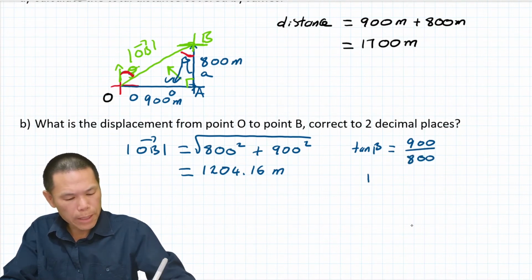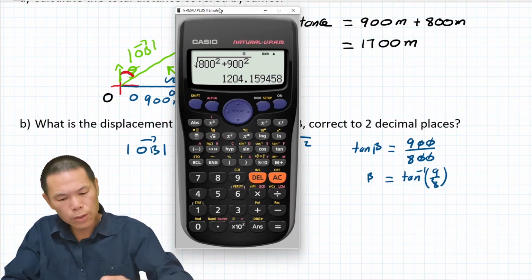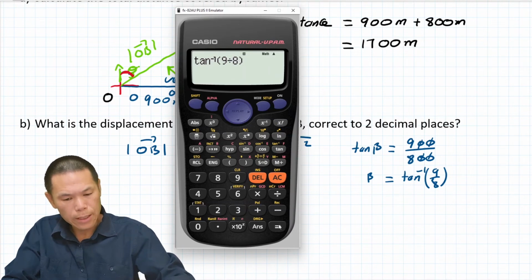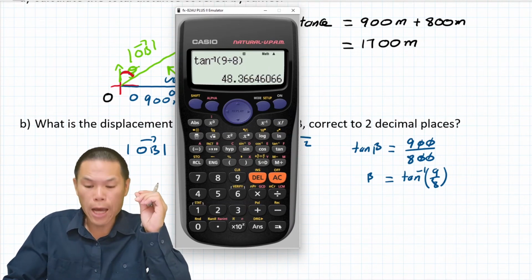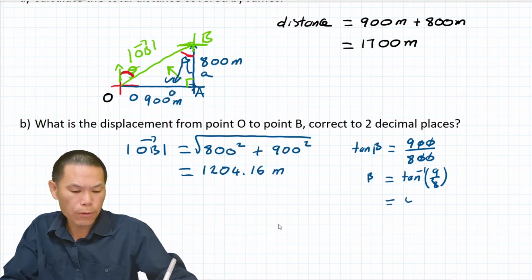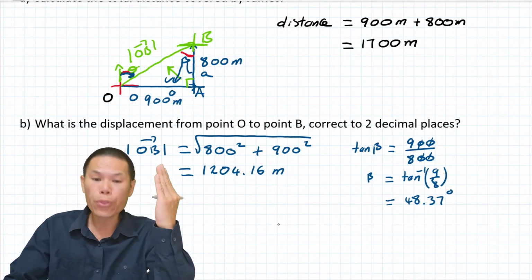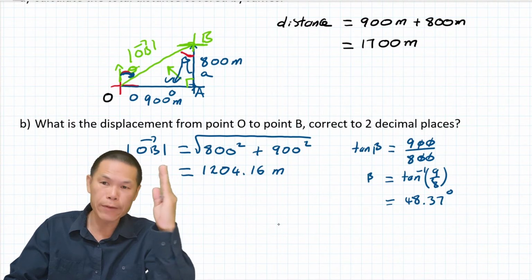So beta equals inverse tan of 9 over 8, that is 48.37 degrees. So this angle is north 48.37 east.